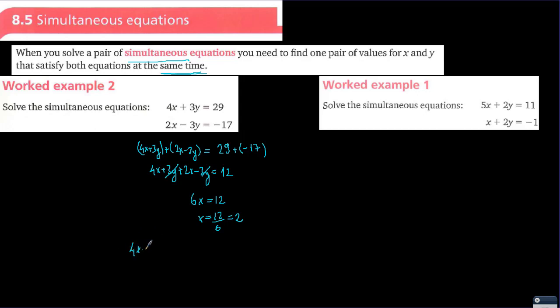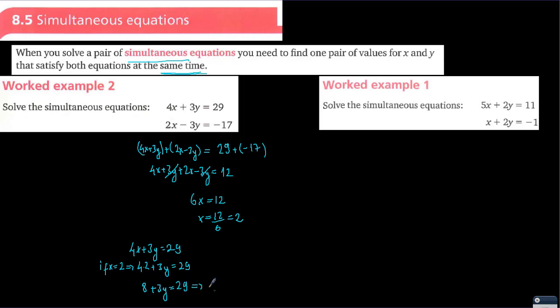So 4x plus 3y is equal to 29, and if x is equal to 2, then this equation will be 4 times 2 plus 3 times y, which is equal to 29. And 4 times 2 is equal to 8, plus 3y is equal to 29.